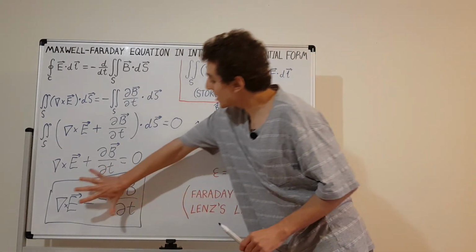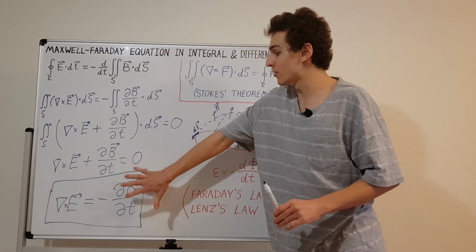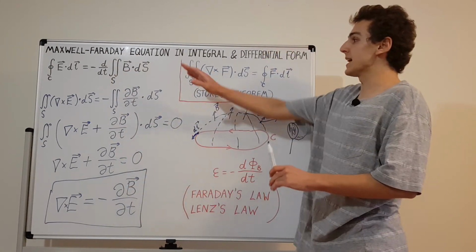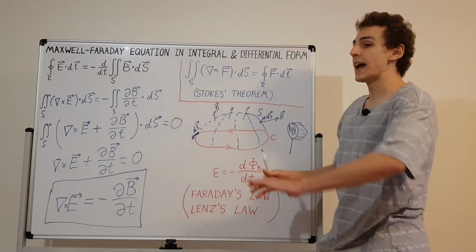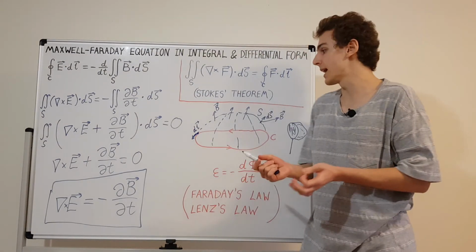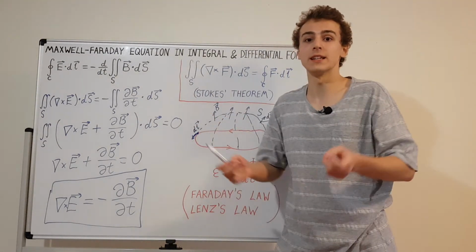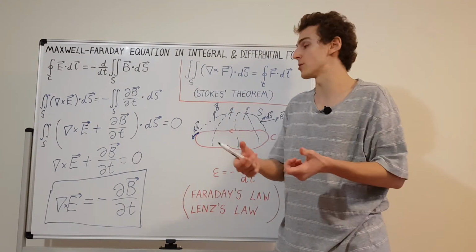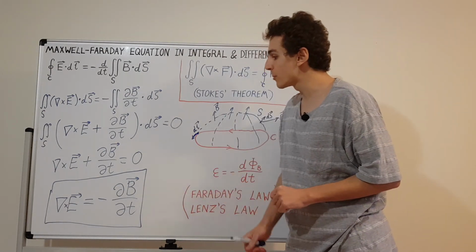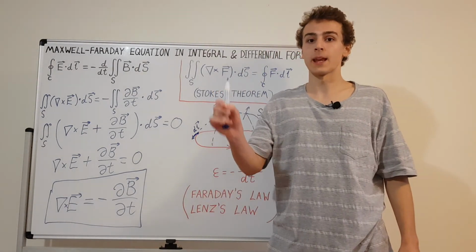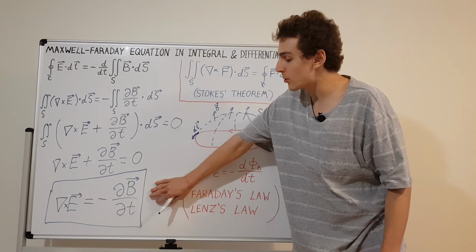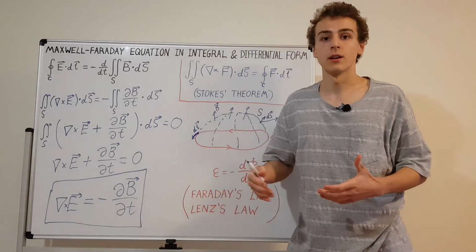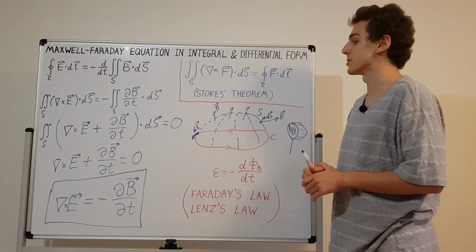And you can see that this is actually expressing a very similar phenomenon to this. Just the integral form is concerned with an entire surface and an entire loop, or an entire curve that bounds that surface. And this differential form is just concerned with one point. Also, this form is easier to manipulate when you're looking at theoretical understandings of Maxwell's equations.